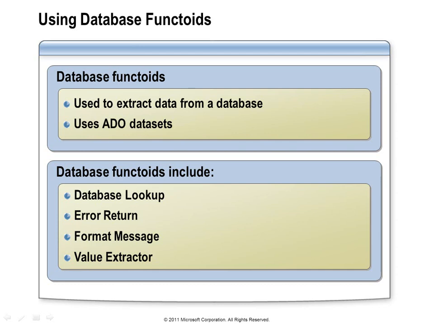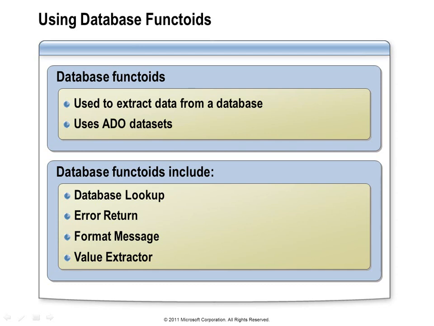So to use it, you drag a database functoid onto your map surface and drag a link from your source schema to the database functoid to provide the key value for the lookup. And then you'll need to provide a connection string, a database table name, and then the name of the column of the lookup value.